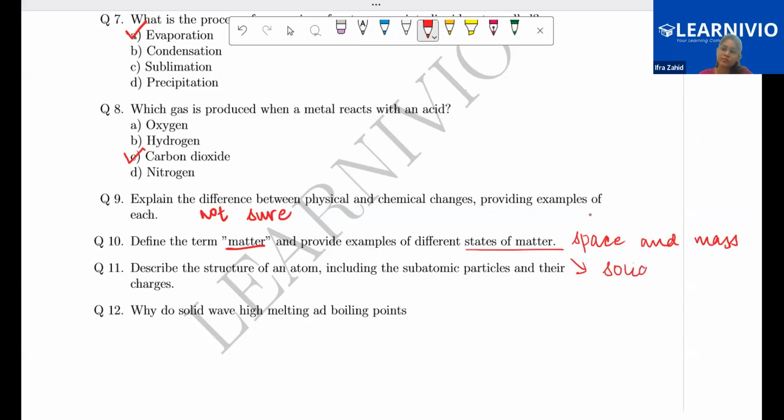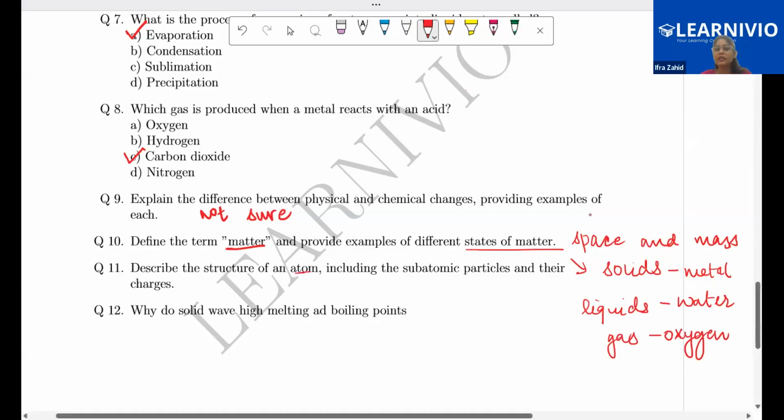For liquid, for example, water. For solid, metal, and for gas, oxygen. Correct. Next, describe the structure of an atom, including the subatomic particles and their charges.